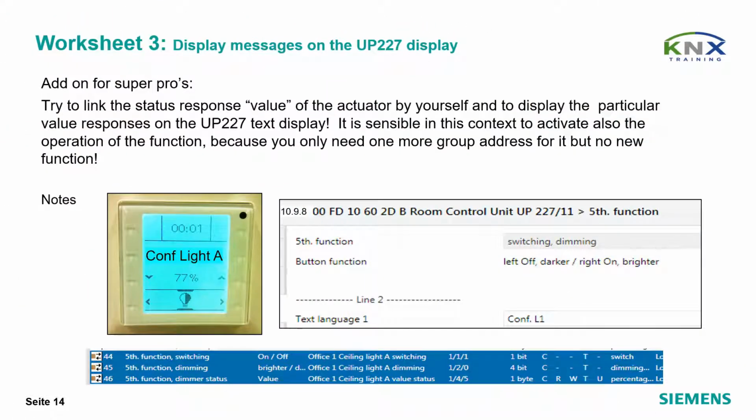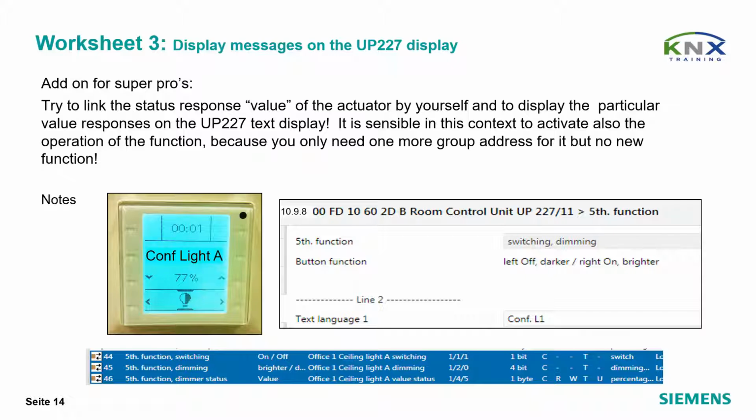Display messages on the UP227 display. Add-on for Super Pros. Try to link the status response value of the actuator by yourself now and to display the particular value responses on the UP227 text display.